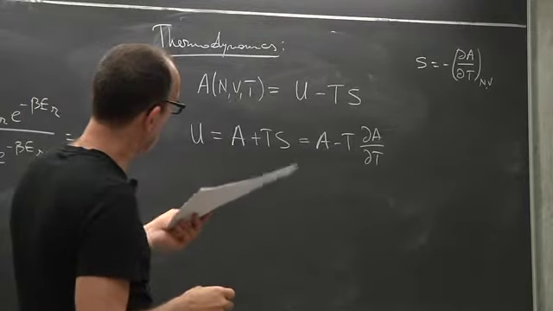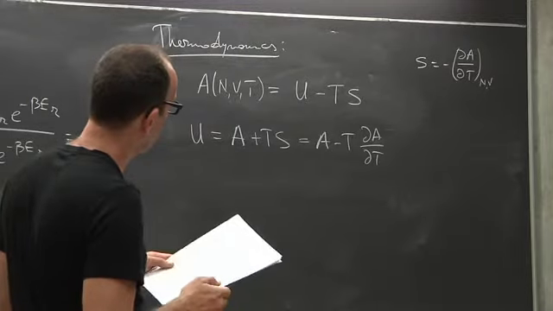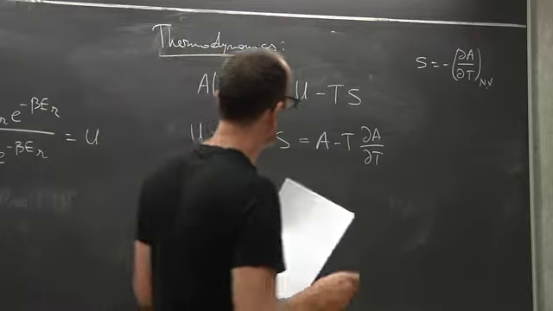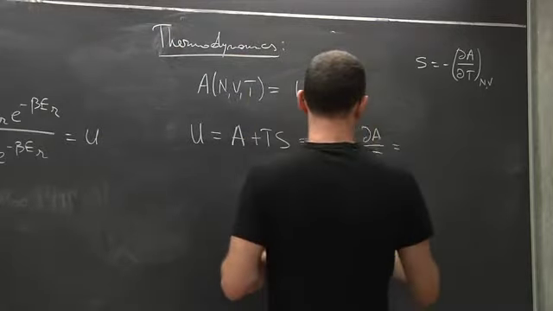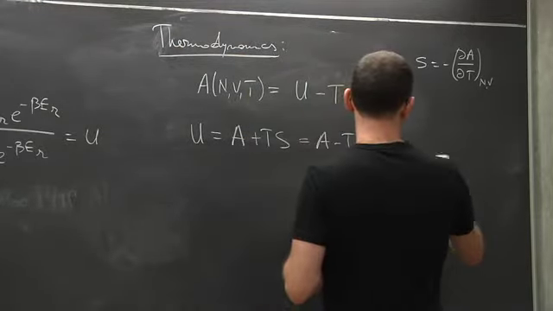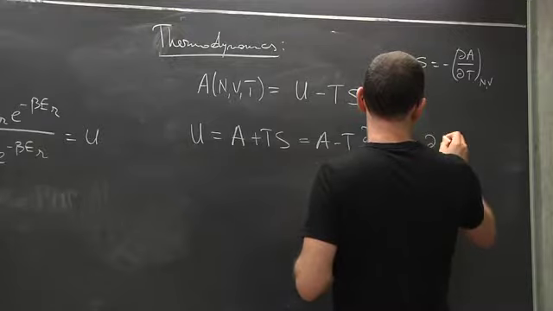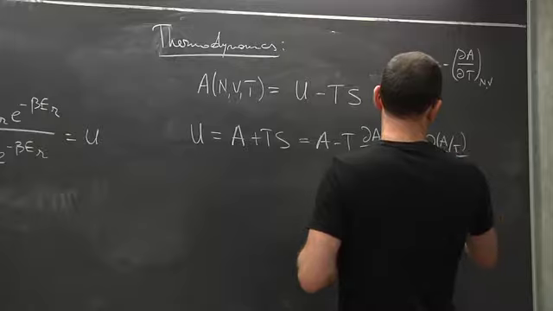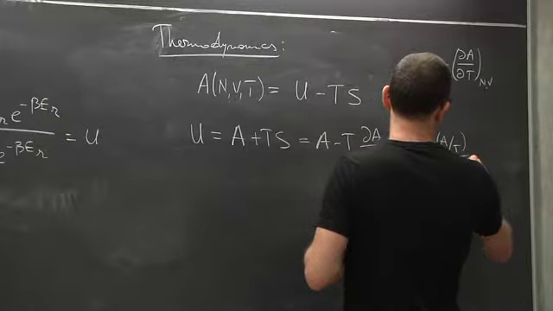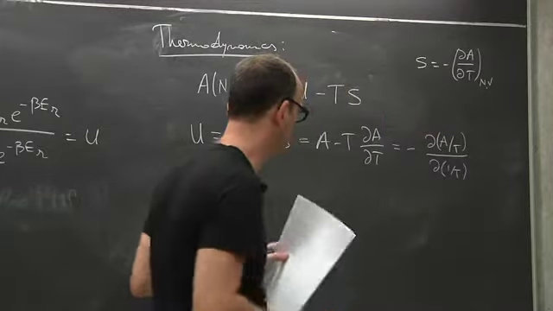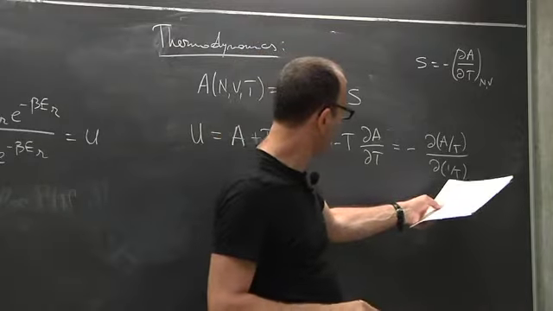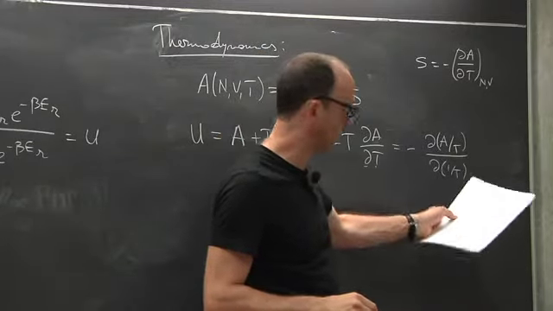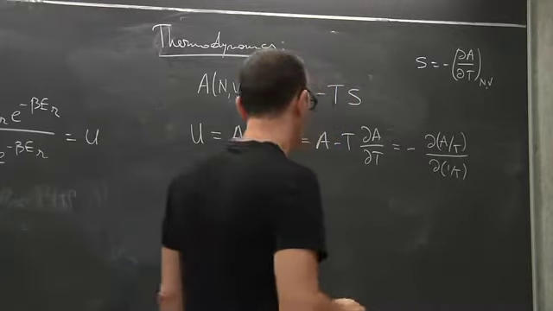And now there is one way in which I can write this, which is minus the derivative of A divided by T with respect to 1 over T.